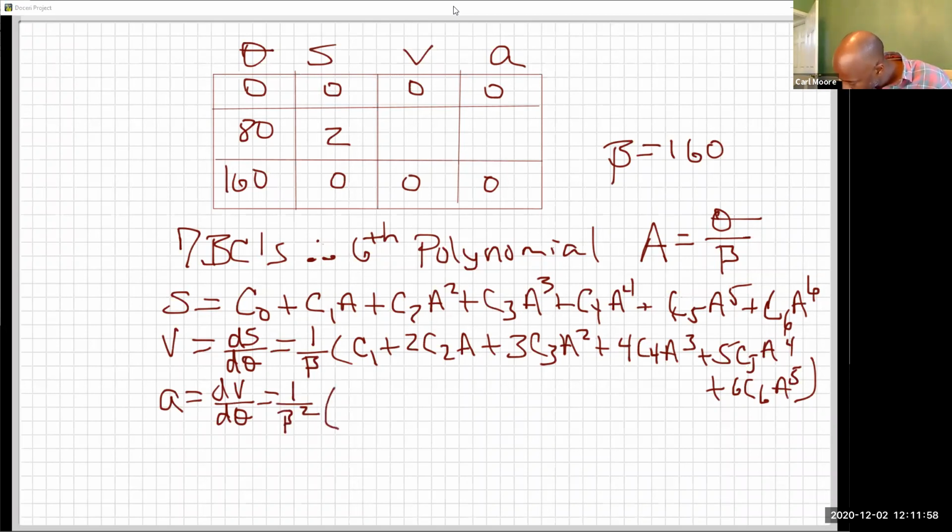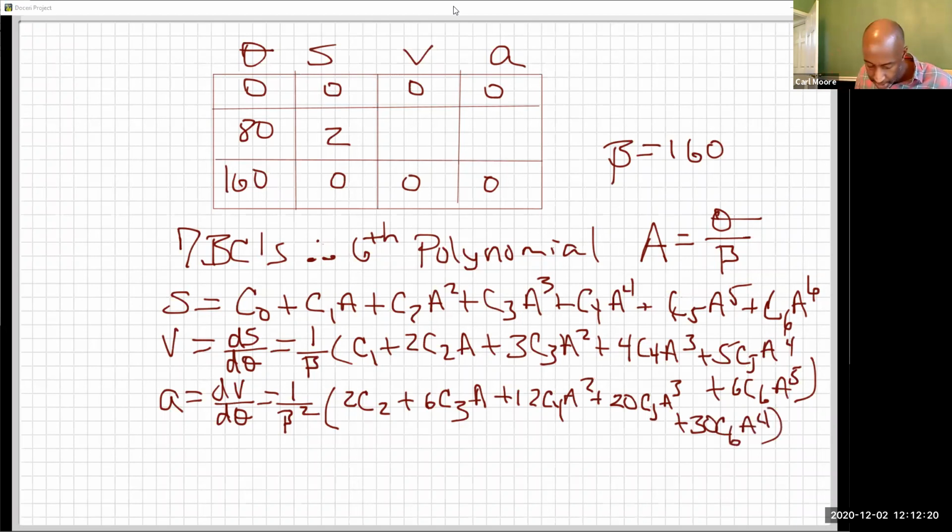And again, the C1 will disappear because it's a constant, but we have the 2C2 plus 6C3A: the 2 comes down, multiplies by the 3, we get 6C3A plus 12C4A squared plus 20C5A cubed plus 30C6A to the 4th, close parenthesis.